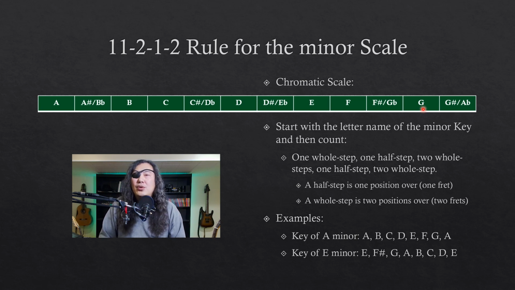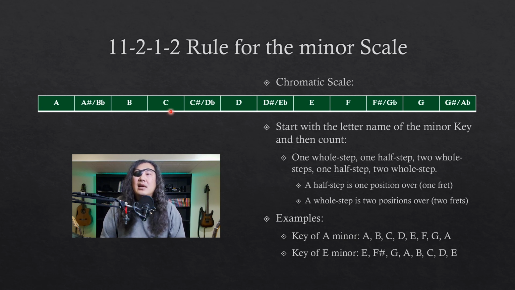Now we're going to go 2 whole steps. For 2 whole steps, we're going to go G to A, that's 1 whole step, and A to B, that's 2 whole steps. Now we're going to do 1 half step to C, and then we're going to close the scale with 2 whole steps to get back to our starting point.